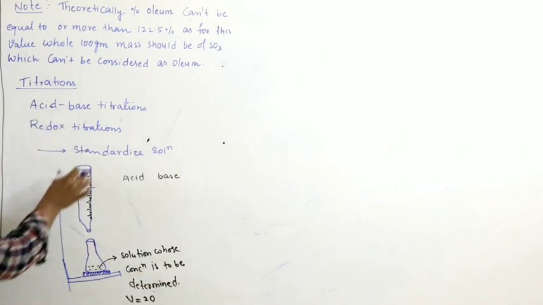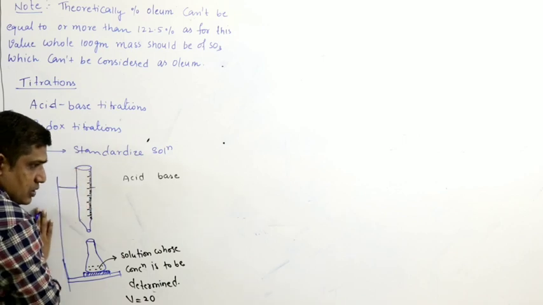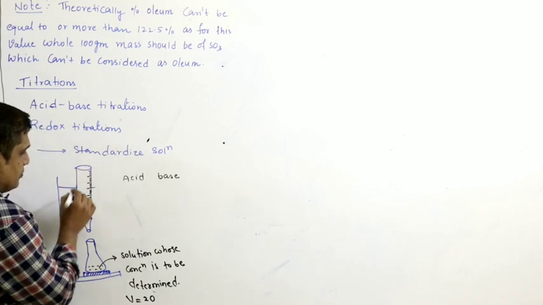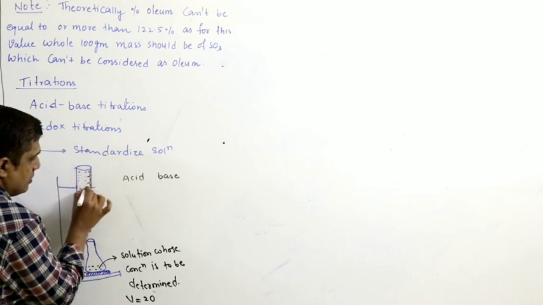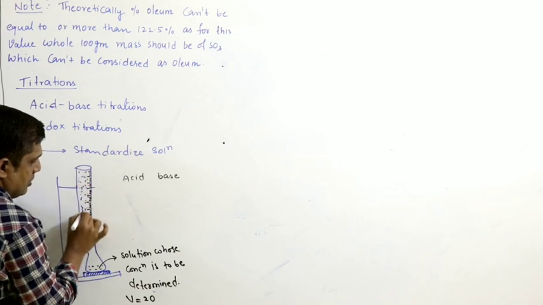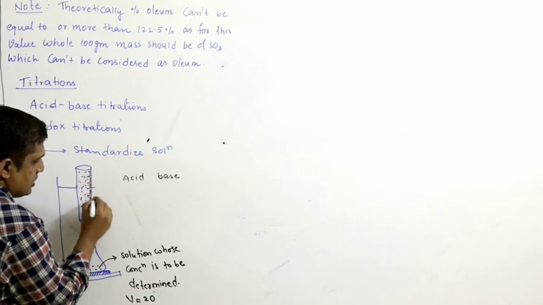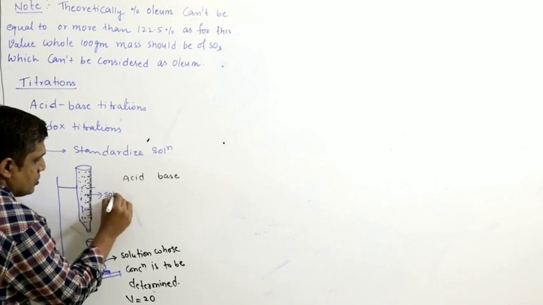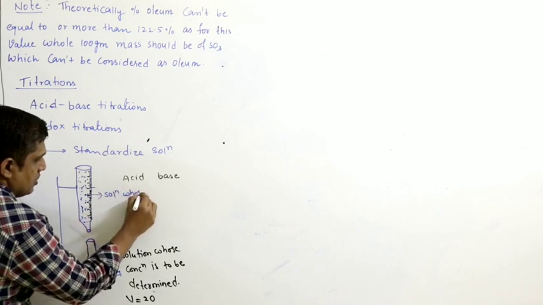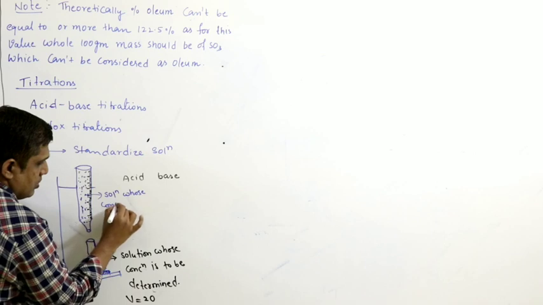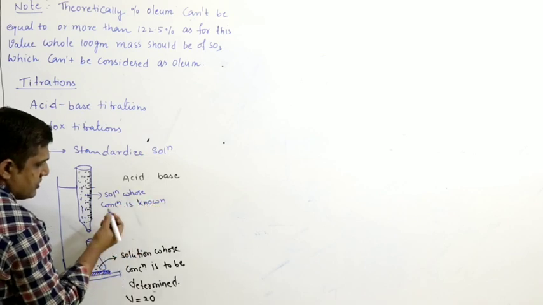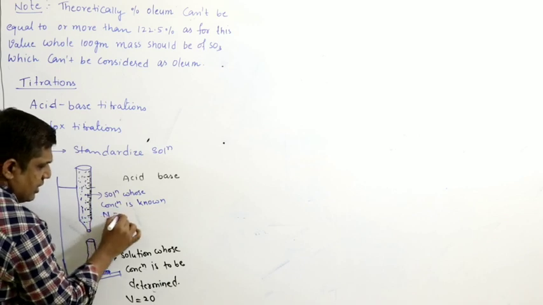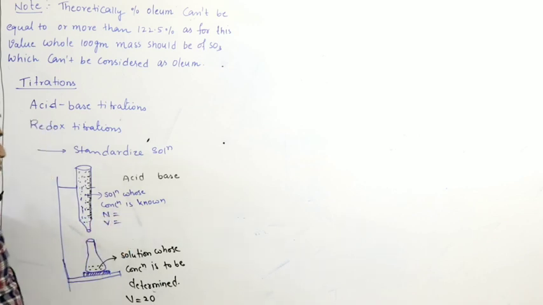Now here we take some standard solution. What is a standard solution? One whose concentration is known. We fill it completely. That means we know its normality or molarity as well as volume.